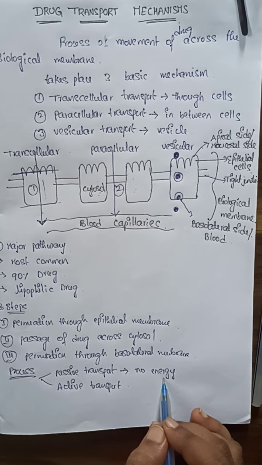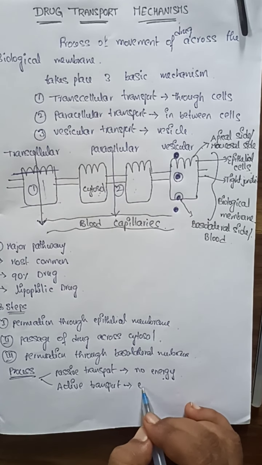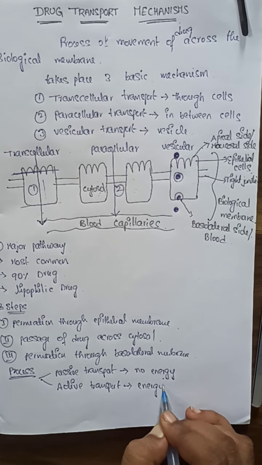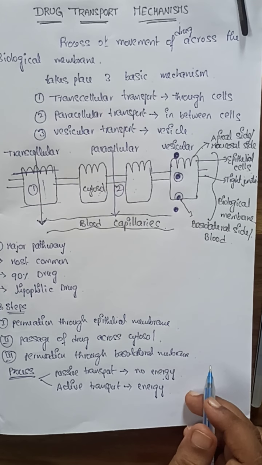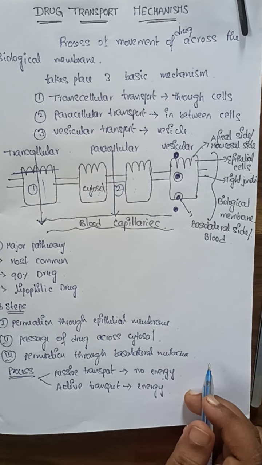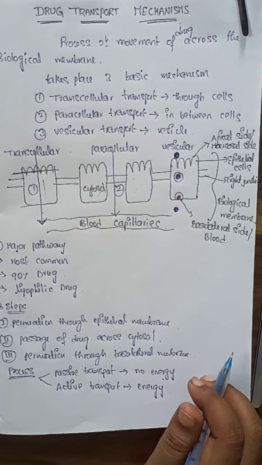Whereas active transport means there is an involvement of energy. If there is a direct involvement of energy in the form of ATP, it is known as primary active transport.